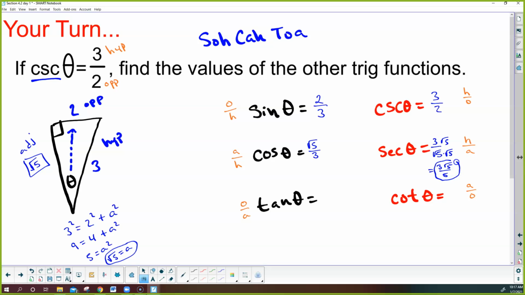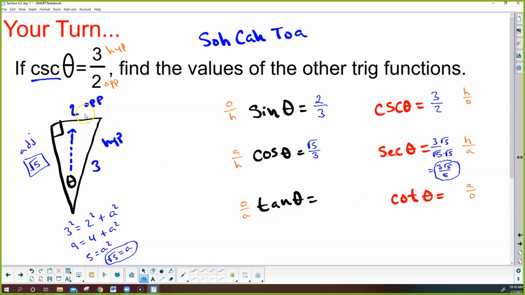Now, some of you might be wondering, this is a really friendly example to do it. Why does the square root of 5 times the square root of 5 turn into just 5? Well, square root of 5 times square root of 5 is the square root of 25, and the square root of 25 is 5. So that's why we multiply by the square root of 5 here, is that'll remove the square root in the denominator. All right, and then we can do cotangent and tangent pretty quickly.